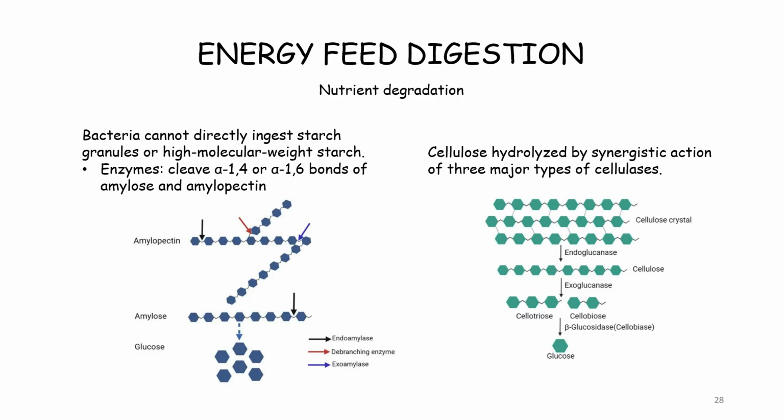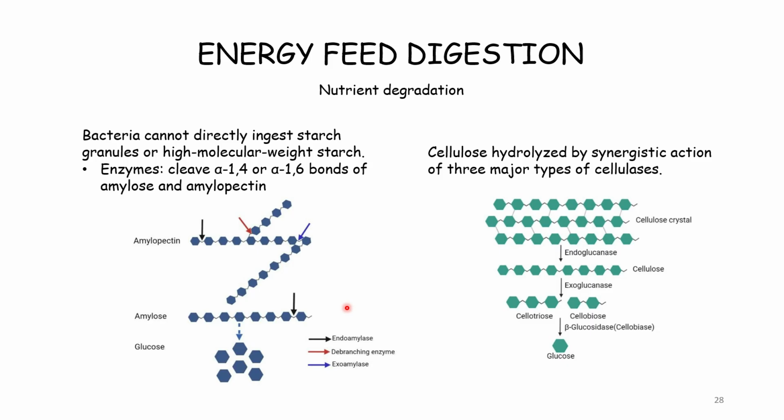So energy feed digestion. Nutrient degradation: bacteria cannot directly ingest starch granules or high molecular weight starch. Enzymes cleave the alpha 1,4 or alpha 1,6 bonds of amylose and amylopectin.